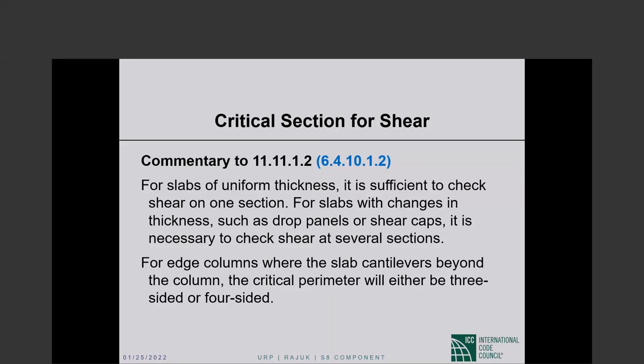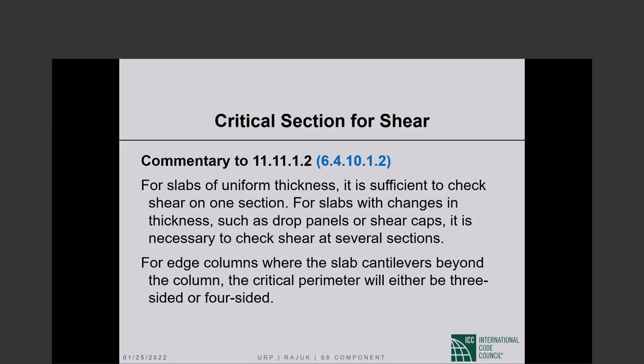So for edge columns where the slab cantilevers beyond the edge, if the slab does not go beyond the edge, then we have a three-face critical section, as I already showed you. The free face does not have shear on it.